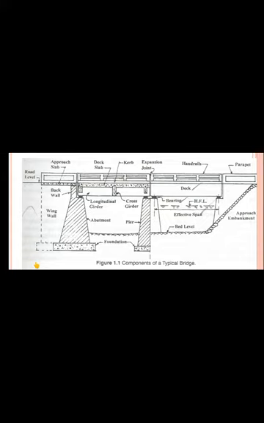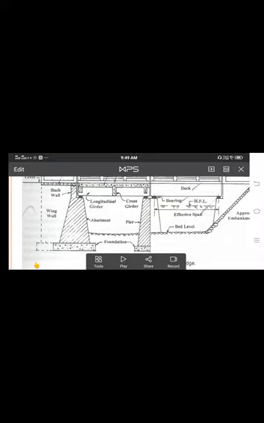Okay, but the main function of this is to transfer the load from the superstructure, that is from the deck slab, to the foundation. Next, below that abutment there is a foundation, for the piers also and for the abutments.